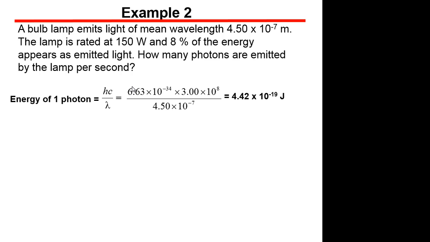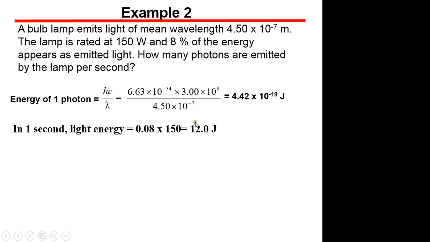Next, the lamp gives you 150 watts. That means 150 joules per second. But only 8% of it becomes light energy. So 8% of 150 watts gives you 12 joules.